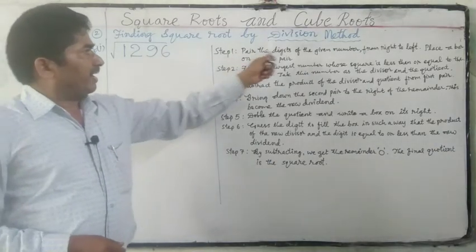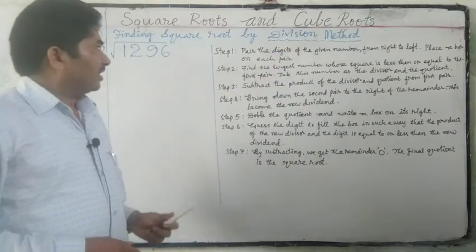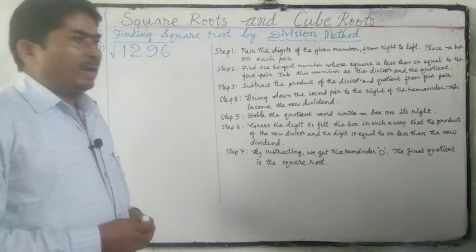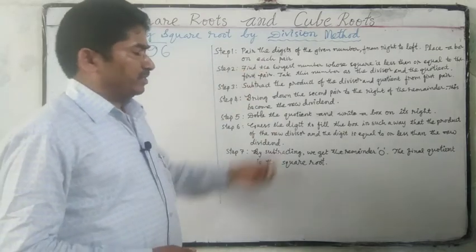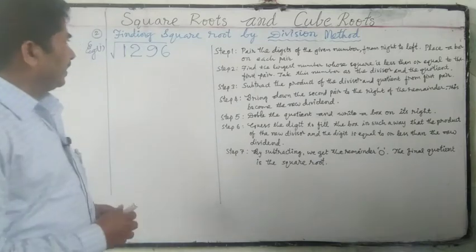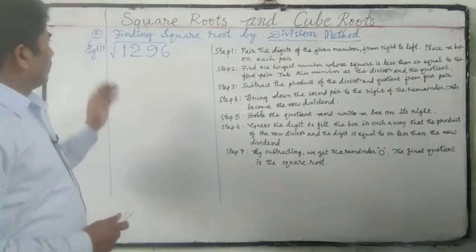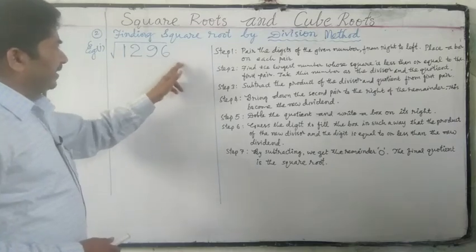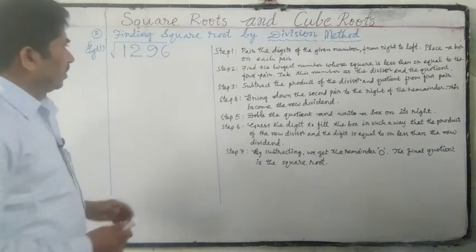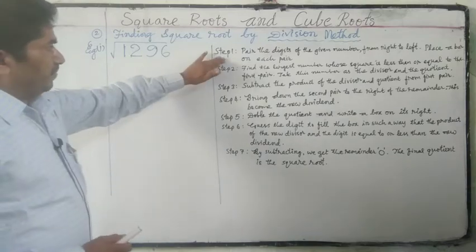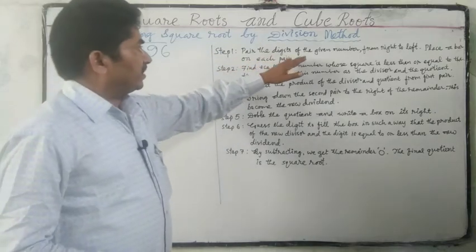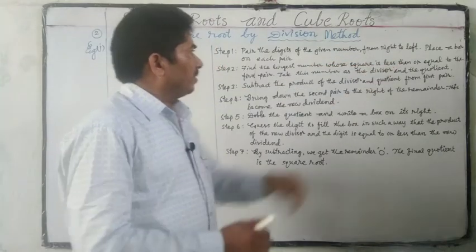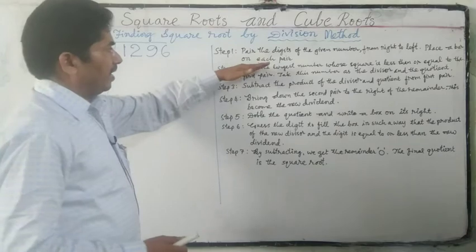Finding square root by division method. To understand this division method, here we have an example and steps to understand clearly. Find the square root of 1296. Step 1: pair the digits of the given number from right to left. Place a bar on each pair.